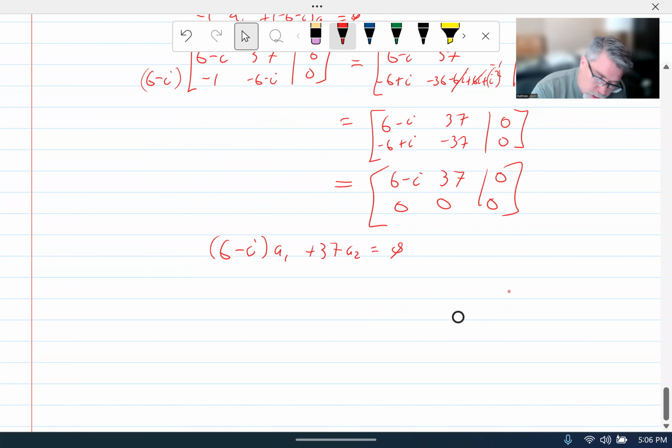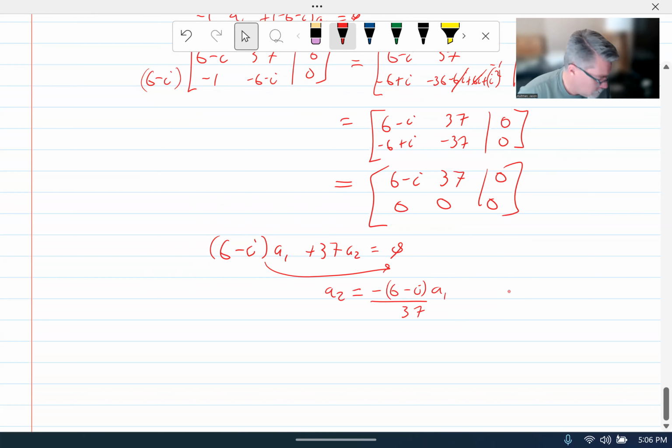Okay, let's solve for a2. So if I toss that over there, I get a2 is equal to negative 6 minus i, parentheses, a1 over 37. Okay. And so let's let a1 equal 37r.